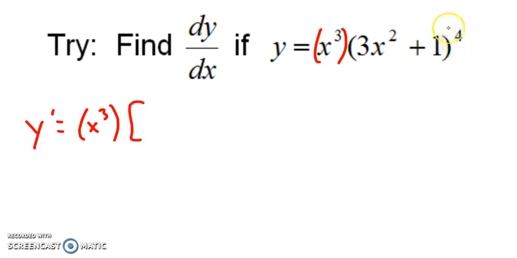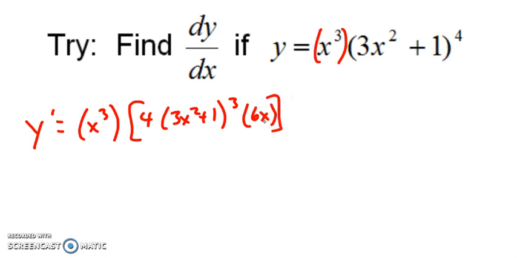I'm sorry, chain rule. So 4 multiplies in front, leave your inside function, decrease your exponent by 1, times the derivative of the inside function, which would be 6x. So first times derivative of the second, plus second, times derivative of the first.